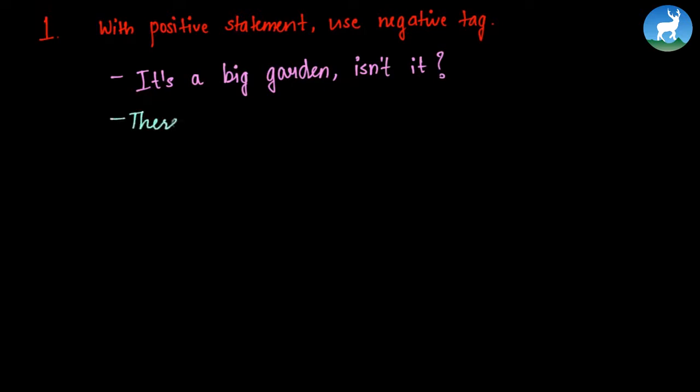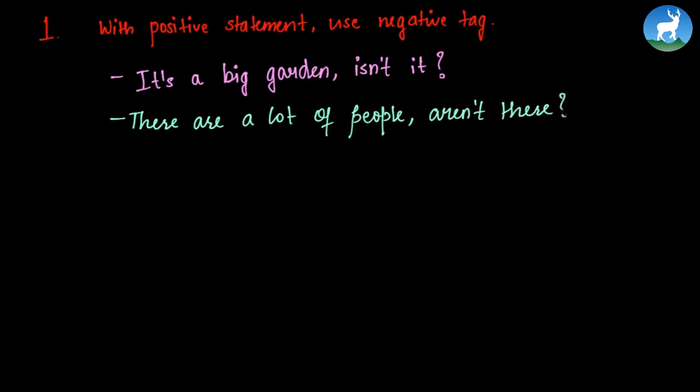Or there are a lot of people, aren't there? Notice that the first part of the sentence is positive. It is a big garden. This is a positive statement. And isn't it is the negative question tag. And there are a lot of people is a positive statement, while aren't there is a negative tag.